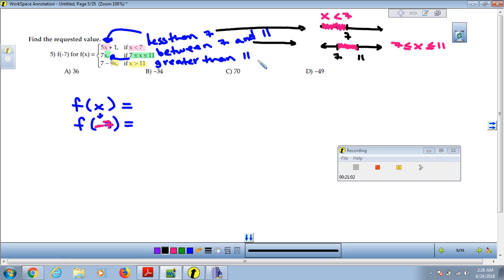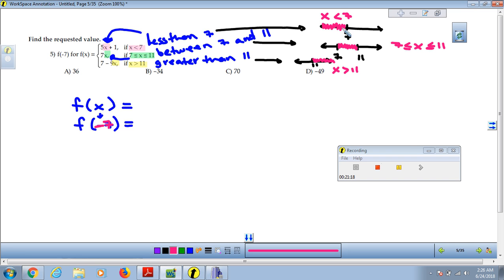And then for this last one here, I'm going to do it here because I almost don't have space. Let's say that this is 11. Numbers greater than 11 are going to be going to the right side. So then this negative 7, maybe it's easier for you to see where this belongs. Negative 7, is it a number that is less than 7?